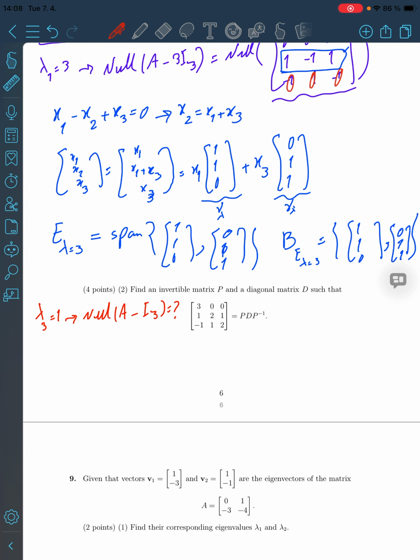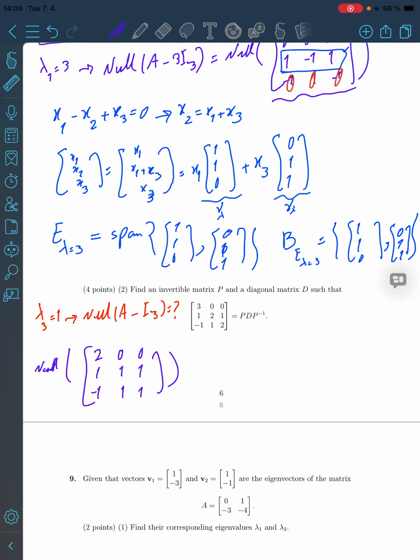So let's compute this one. I should compute then the null space of which matrix? I should compute the null space of 2, 0, 0, and then here I have 1, 1, 1, and then here I have negative 1, negative 1, 1.